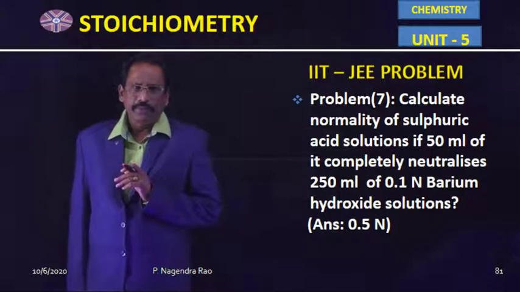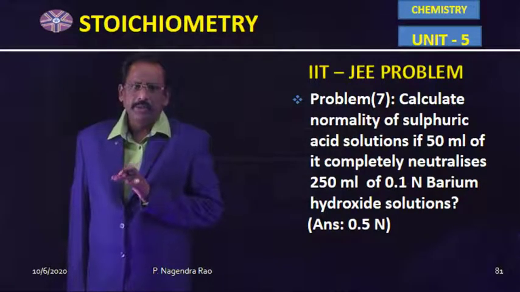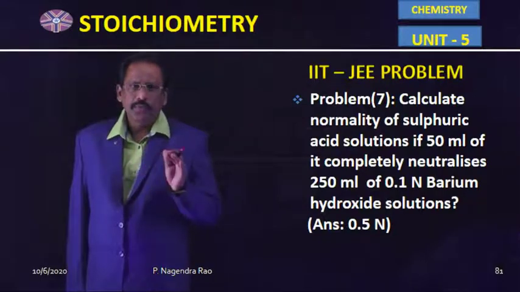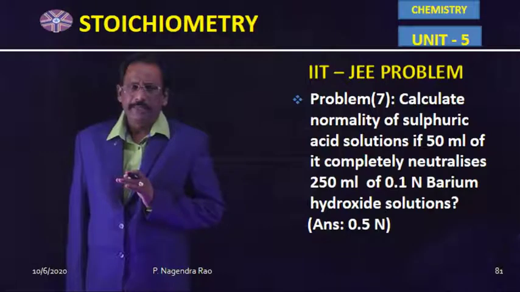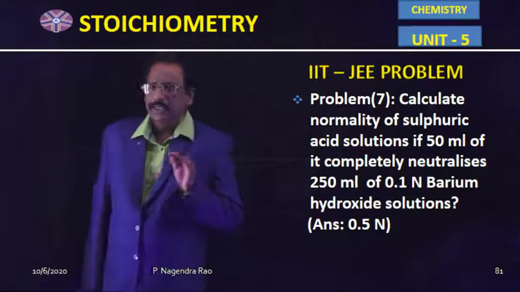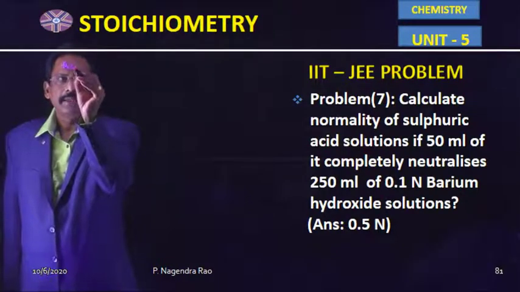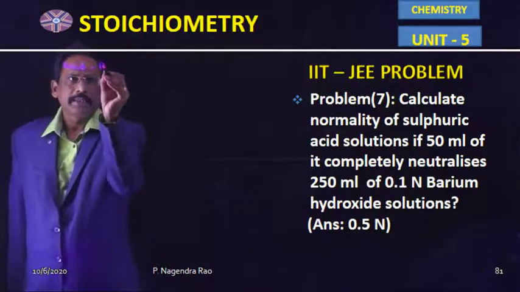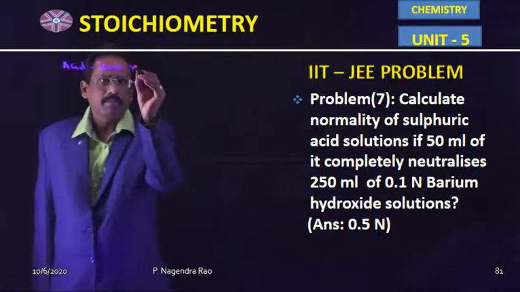In this problem, calculate the normality of sulfuric acid solution, if 50 ml of it completely neutralizes 250 ml of 0.1 normal barium hydroxide solution. This is an example of acid base neutralization reaction.